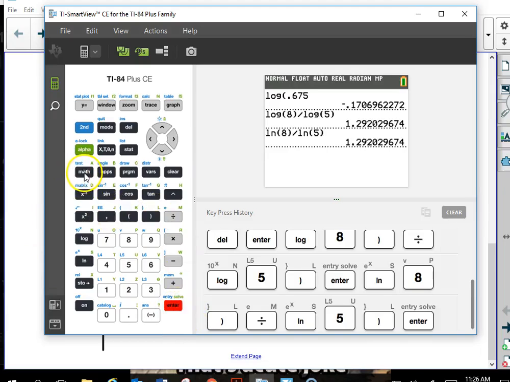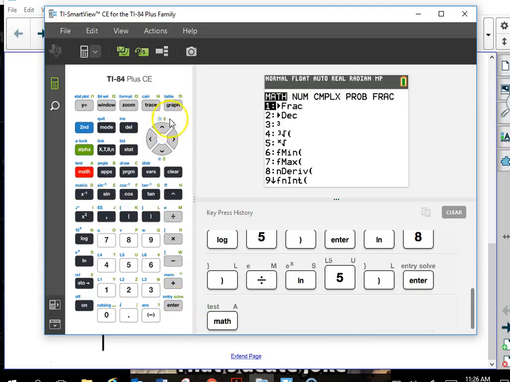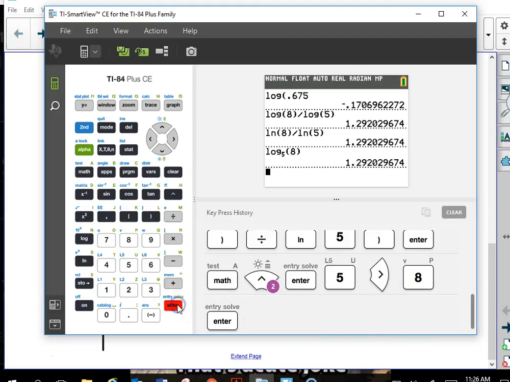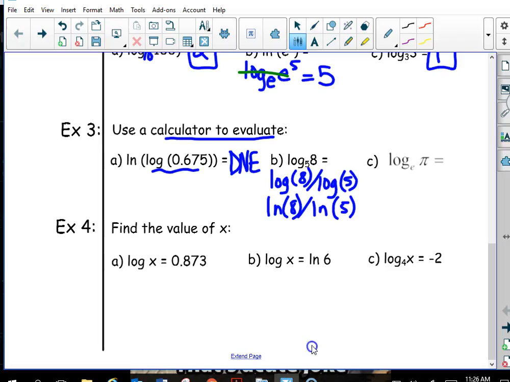We can also go to the math menu, and at the bottom is log of any base, so that A is log of any base. So I can type in base 5 of 8 and get the exact same number. The nice thing about change of base is that the higher number goes in the numerator, and the lower number, the number in subscript, is in the denominator.